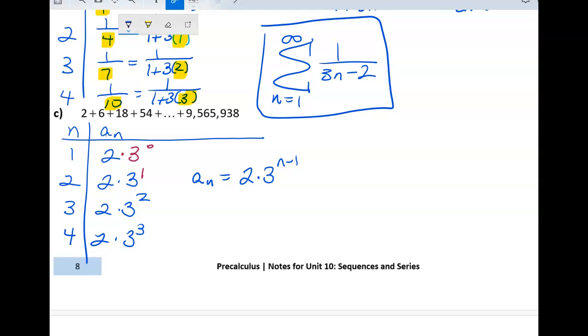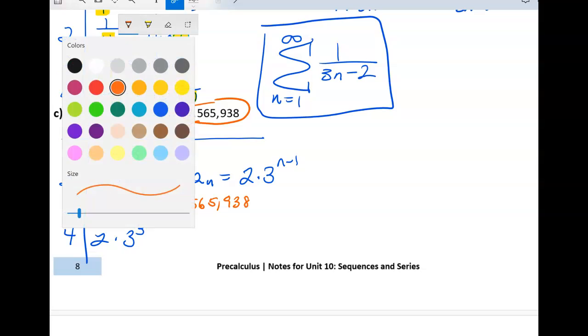Now we still have to figure out where this series ends, because this one doesn't go on indefinitely, but it certainly does go on for a while, since the nth term, or the last term of this sequence, is 9,565,938. So let's take that number and put it in the formula for a sub n, which generates the terms, replacing a sub n with that number.